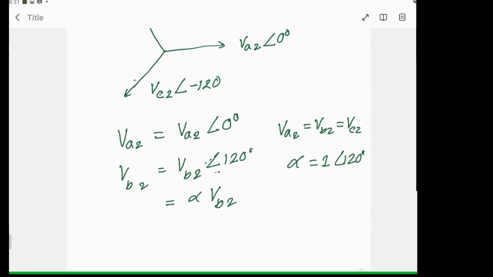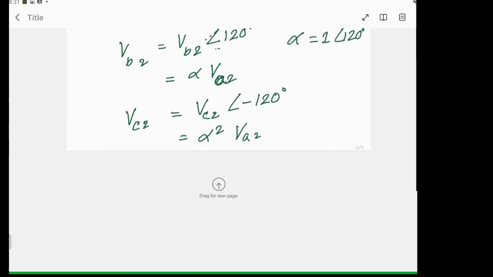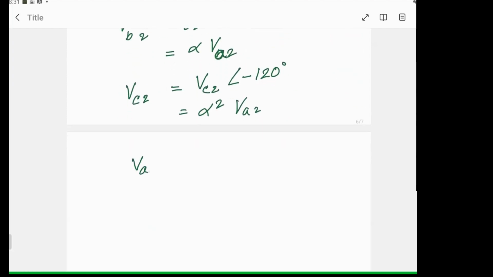Or for VA2, I can replace with the same value because they are the same. Similarly, I can write down VC2 is making minus 120 degree. That means it will be alpha square VA2, right? So we have found three quantities, and the other quantity, zero sequence, will be the same: VA0 equal to VB0 equal to VC0, and there will be no angle involved with this one.